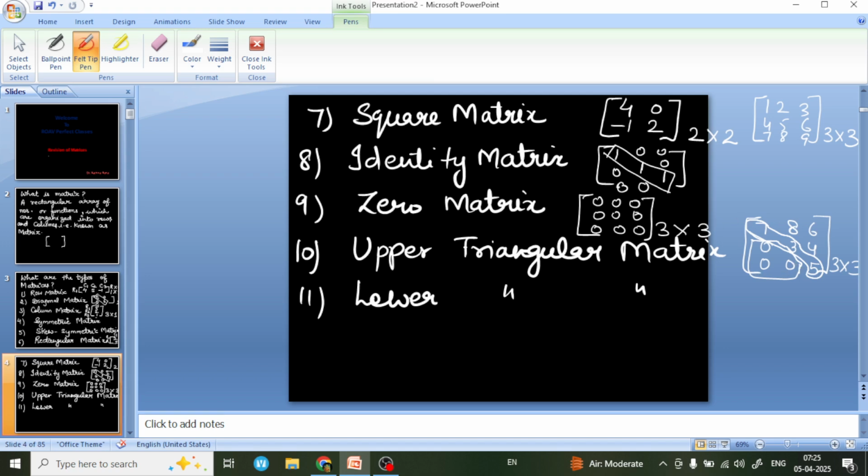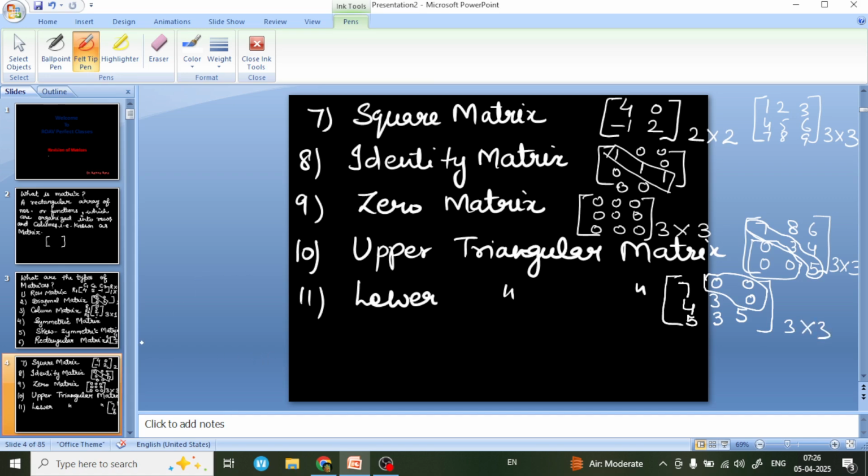That matrix is called an upper triangular matrix. On the other side, in a lower triangular matrix, from the diagonal, the values on the above side will be 0, 0, 0, 0. That is known as a lower triangular matrix, and the order is 3 by 3.